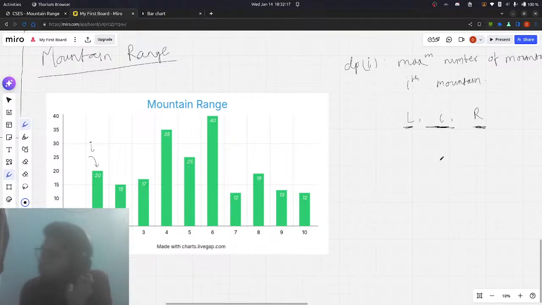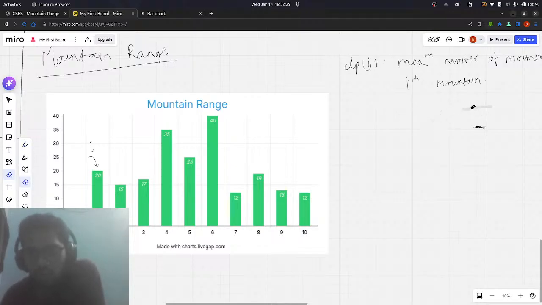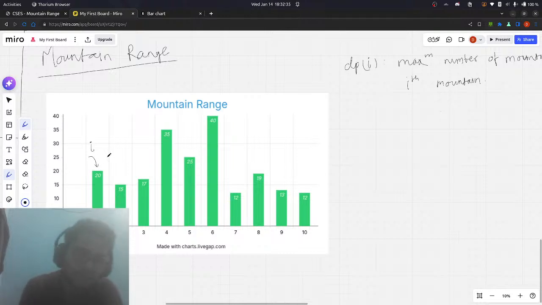You will get two indexes, or wait a second, we are doing it n square, right? So in n square we can just brute force it. I mean, we can check all the mountains, of course, aside from the mountains that violate the condition.